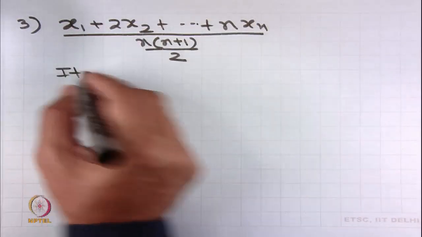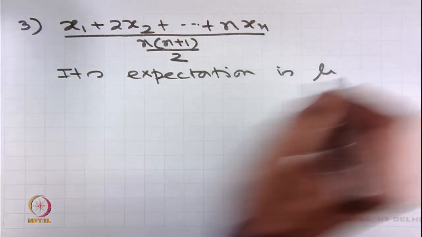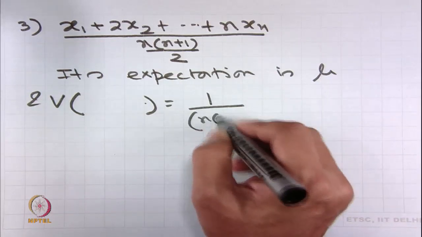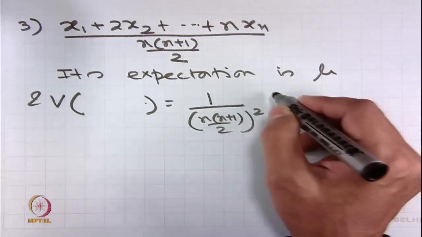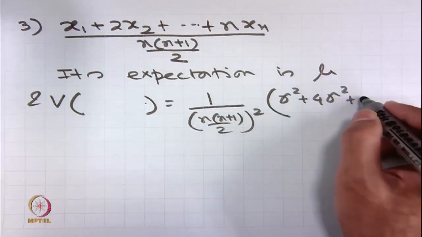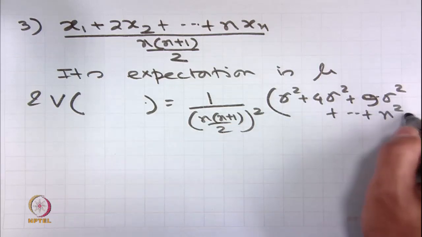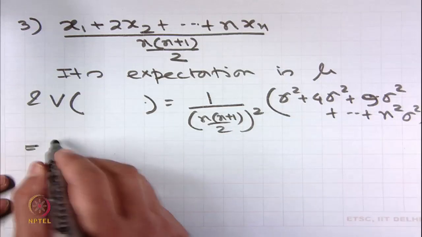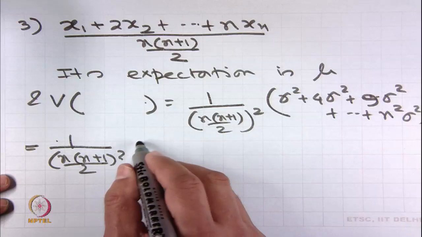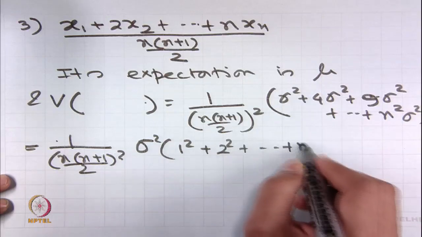Its expectation is mu, and the variance is equal to 1 upon n into n plus 1 by 2 whole square into sigma square plus 4 sigma square, say plus 9 sigma square, plus up to n square sigma square, which is equal to 1 upon n into n plus 1 by 2 whole square multiplied by sigma square into 1 square plus 2 square plus up to n square.